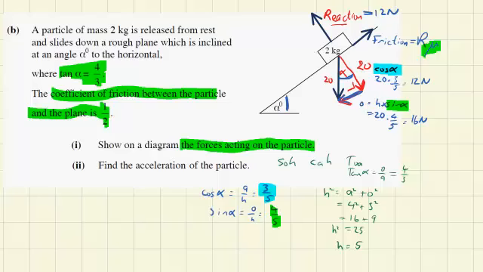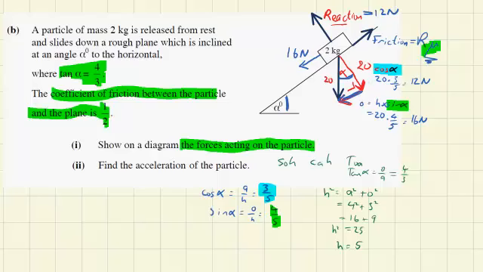Now, this, the weight, has two components. One is pulling it down this way at a force of 16 newtons. And we've got a frictional force here, which is resisting that movement, which is equal to the reaction force times the coefficient of static friction.